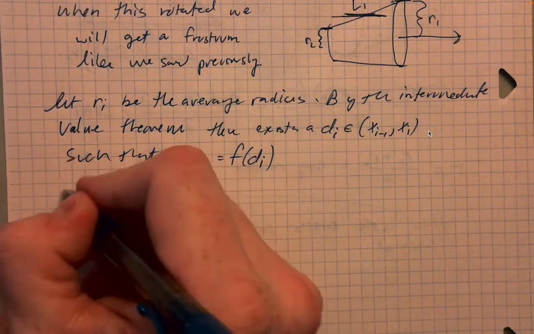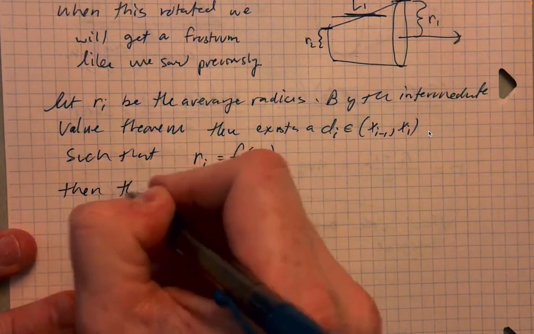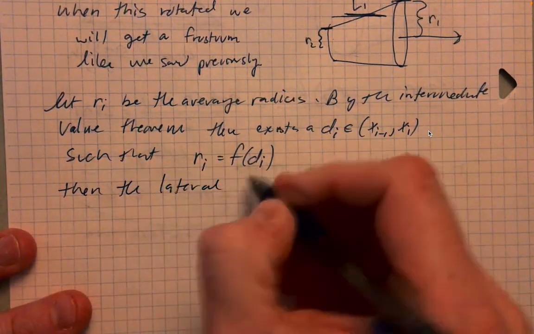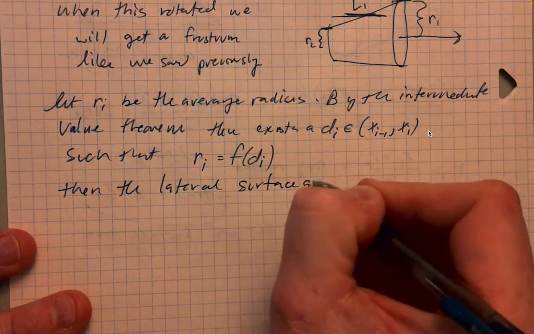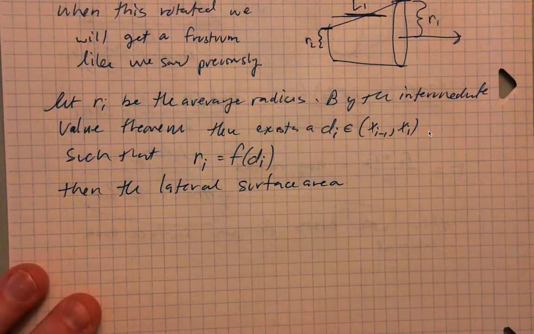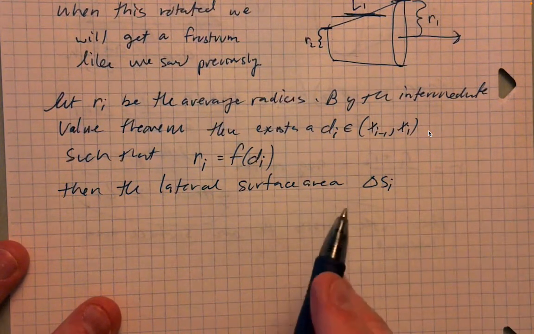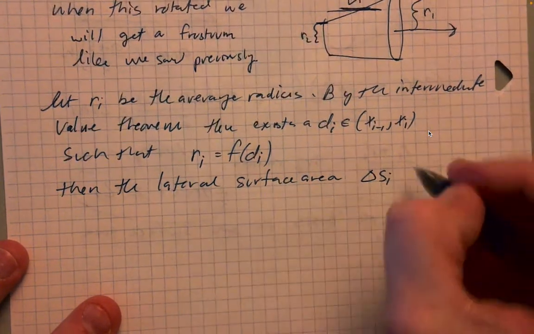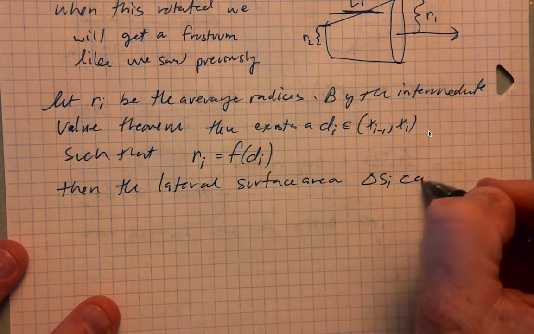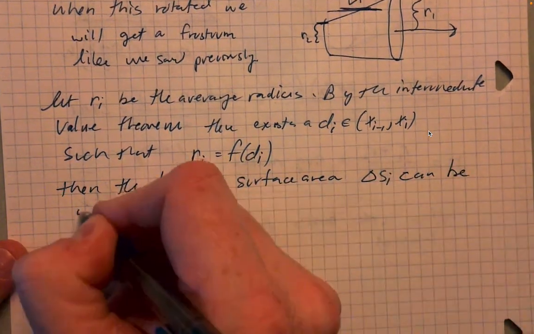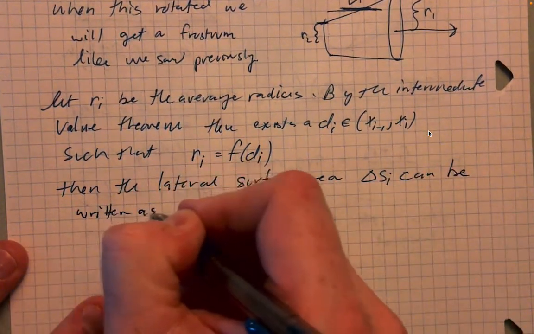So then the lateral, we'll call it the lateral surface area. The lateral surface area of this delta Si on this ith interval can be written as... what can we write it as?